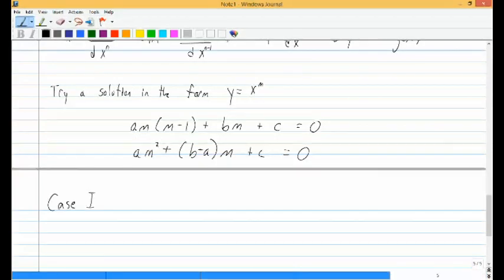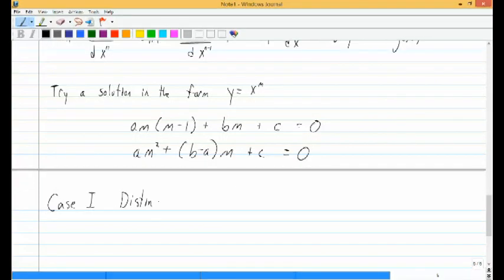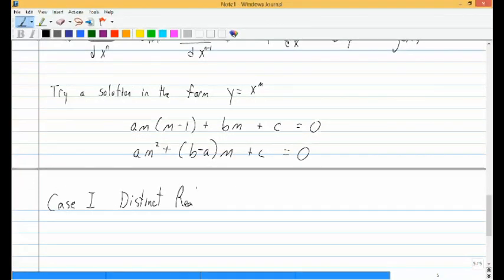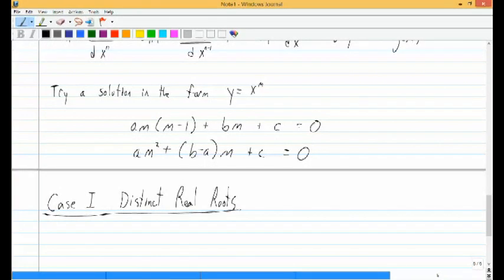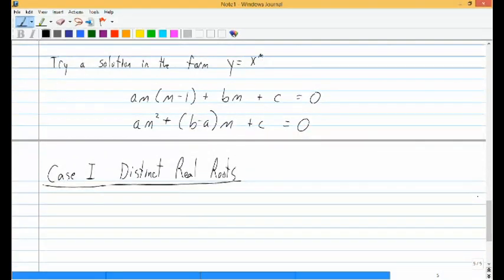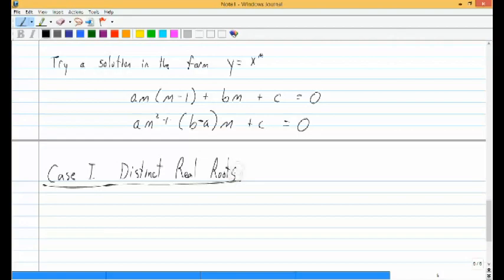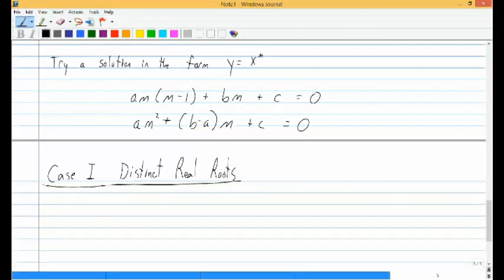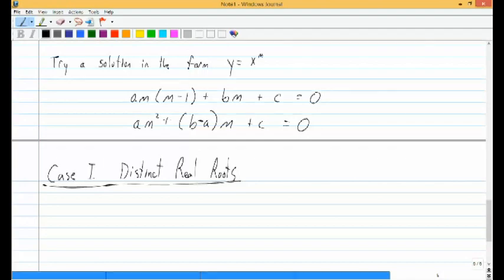Alright, so we have three cases. Case 1 is if we have distinct real roots. We have two distinct real roots, usually only two because we're dealing with second order differential equations.